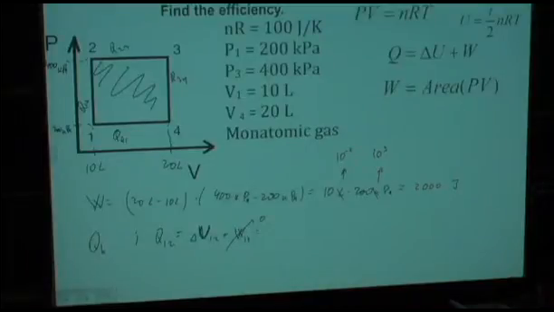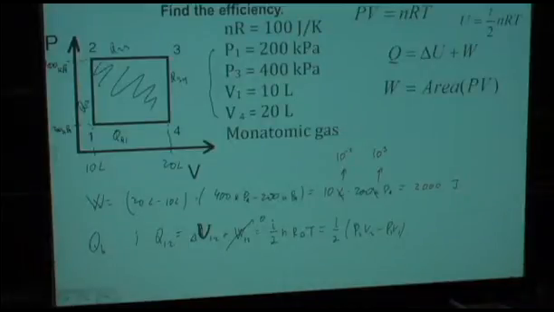That's delta U. So delta U, i over 2 nRΔT, or you see what we know, P's and V's. So what do we do? We jump from the temperature to pressure and volumes.